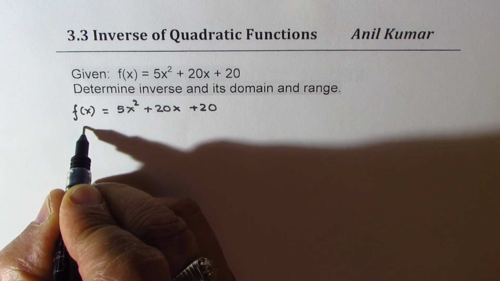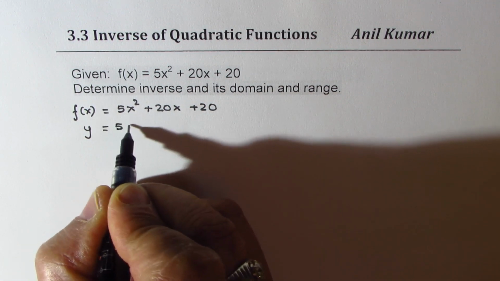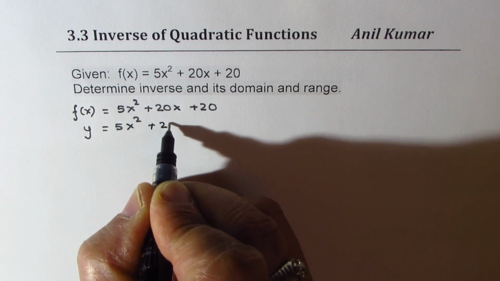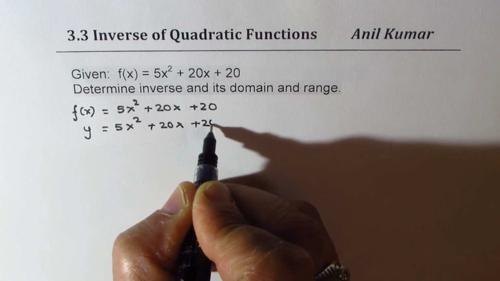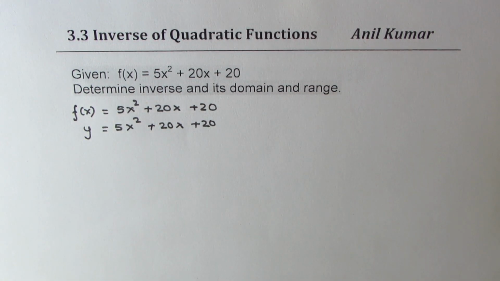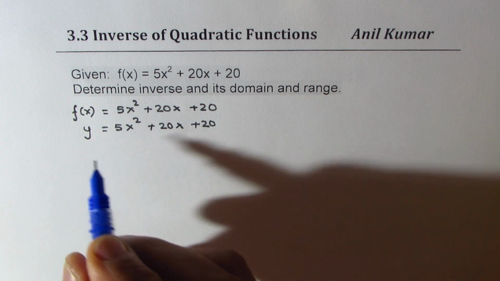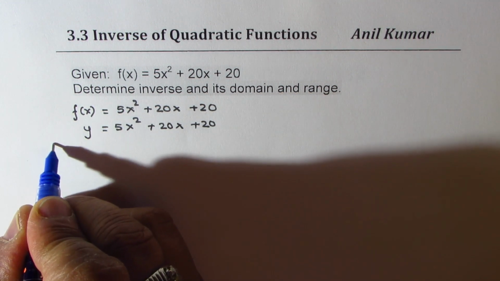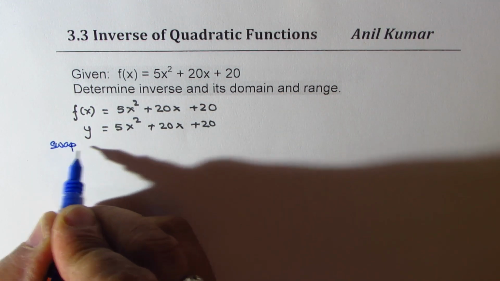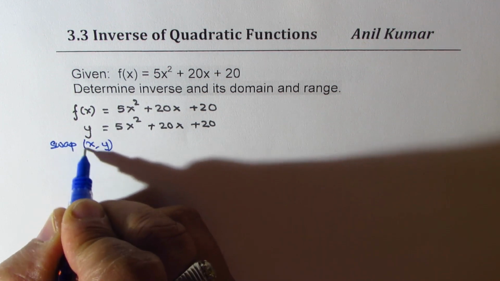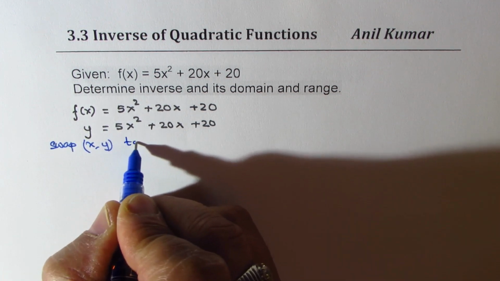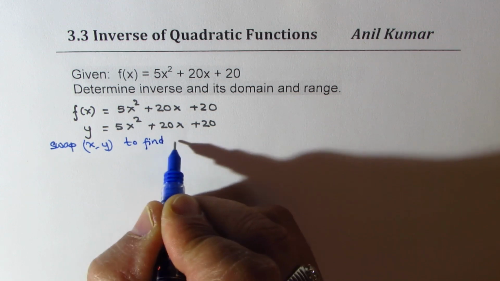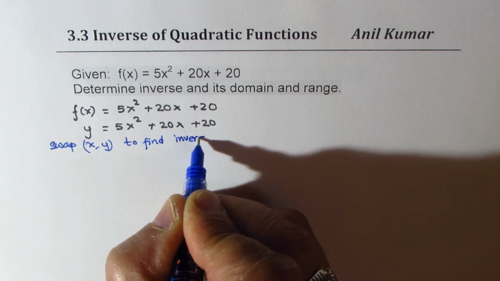We could write f of x as y. So we have y equals 5x squared plus 20x plus 20. To find the inverse, what should we do? We have to swap x and y. That is the first step.